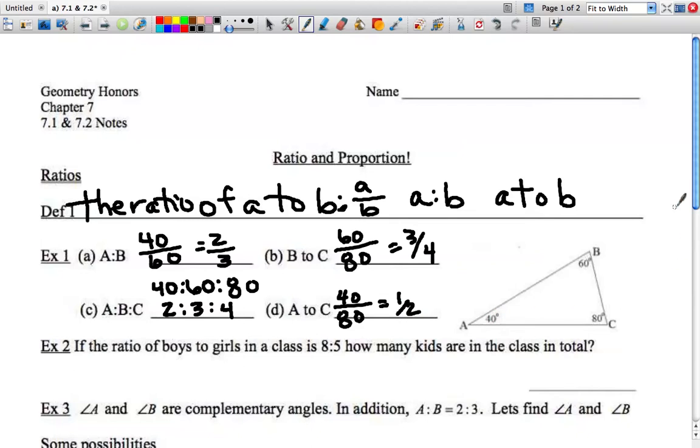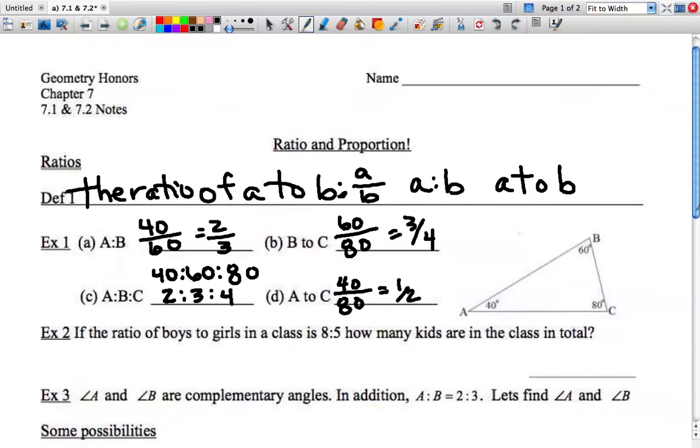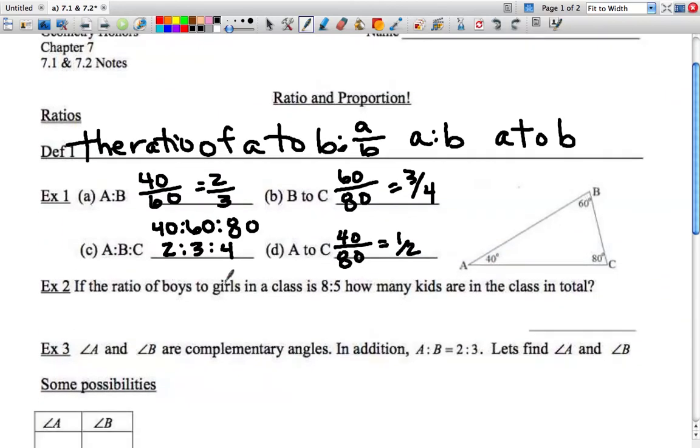Good. How many kids are in each class total if the ratio of boys to girls is 8 to 5? Well, we can think about that as being 8 to 5. So we know the total of this would be 13. That might be one answer. We can also think about that ratio as being what?